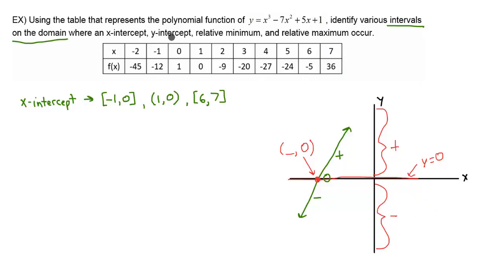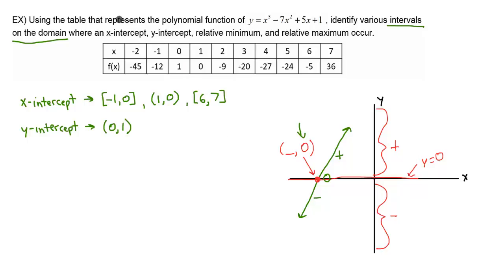So that was x-intercepts. Now we want to take a look at our y-intercepts. Just like x-intercepts happen when y equals 0, our y-intercepts happen when x is 0. So does our x equal 0 anywhere here on our table? It does right here. So our y-intercept is going to be the point 0, 1.